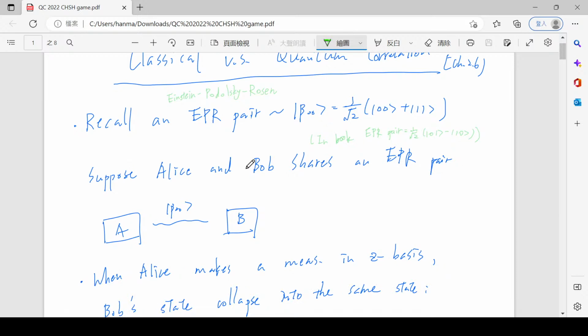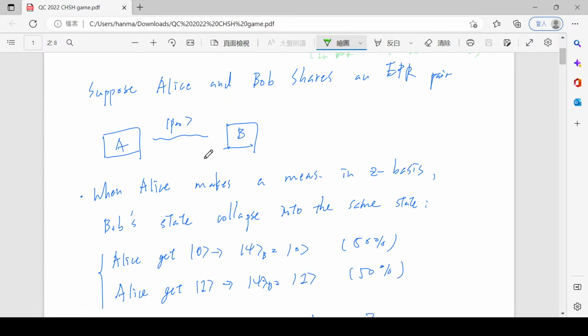Let's talk about classical and quantum correlation. We say Alice and Bob have quantum correlation when they share this entangled state beta 00, where Alice has the first qubit and Bob has the second. People will say you measure this beta 00, so Alice measures, let's say, in the z basis.